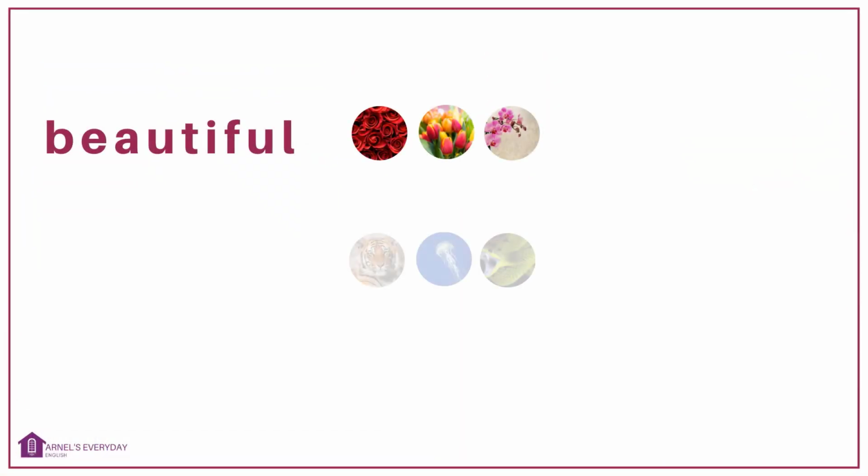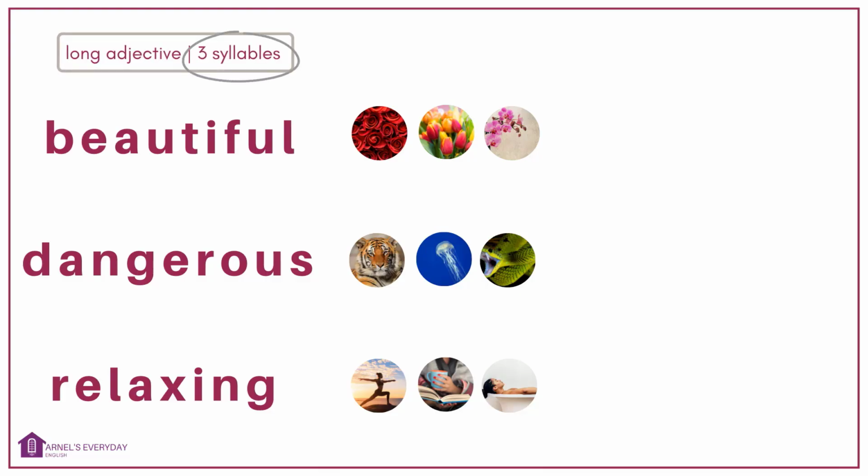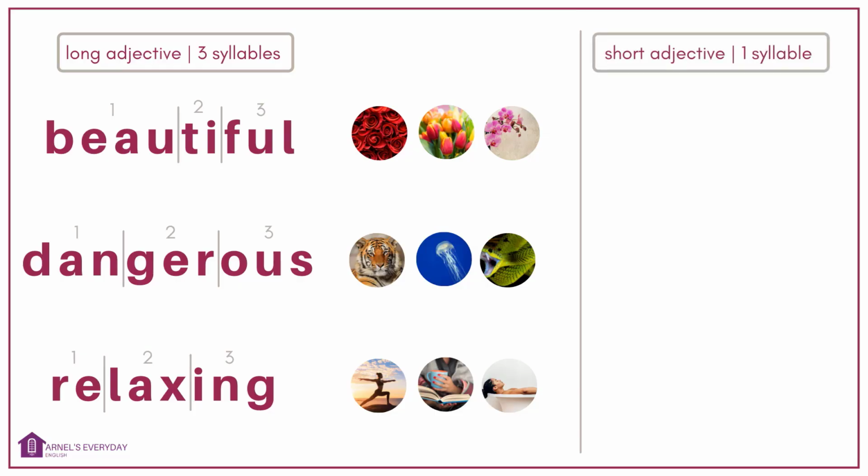Beautiful, dangerous, relaxing. Okay, I have 3 adjectives, long adjectives. My adjectives here have 3 syllables. A short adjective would be something like cold, hot, big.